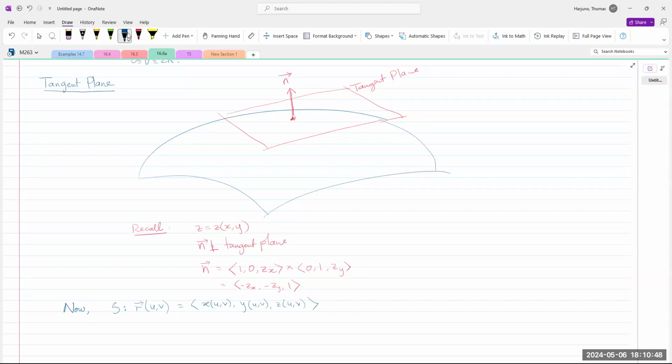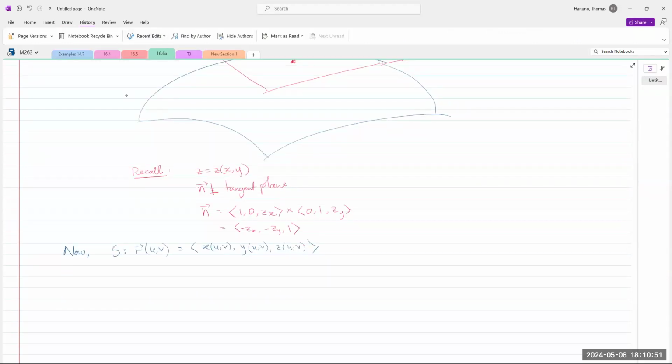Now you will see that the partial of r with respect to u is dou x dou u, dou y dou u, dou z dou u, and dou r dou v is dou x dou v, dou y dou v, and dou z dou v.